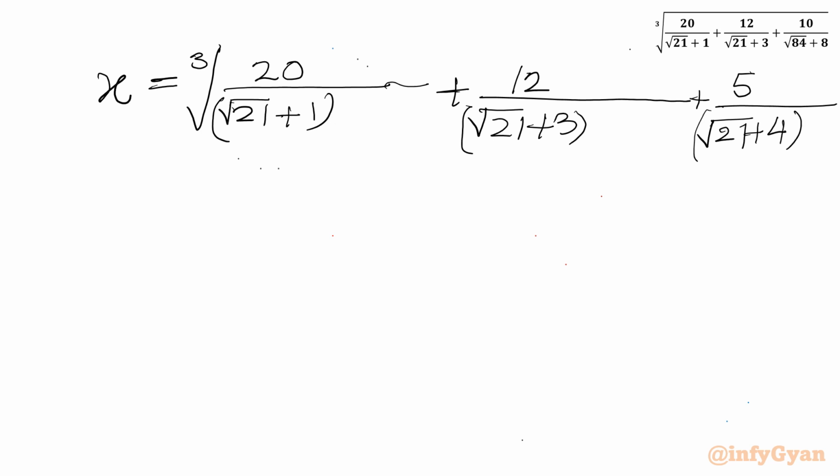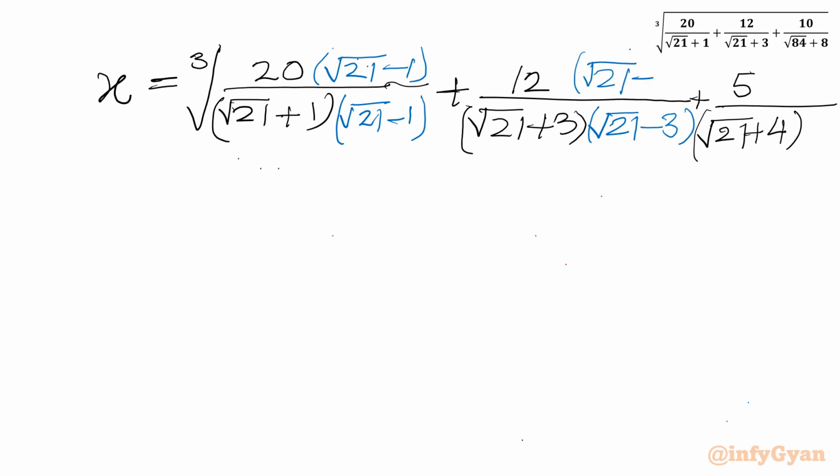Now I will rationalize our denominators. So we can multiply here with root 21 minus 1, so in the denominator, root 21 minus 1. Here we will take the conjugate of the denominator, so root 21 minus 3. Here we'll multiply root 21 minus 4.